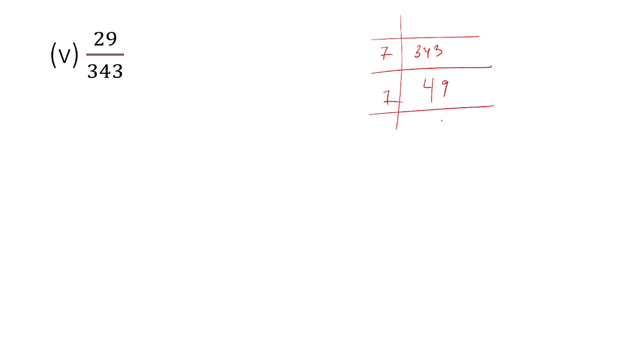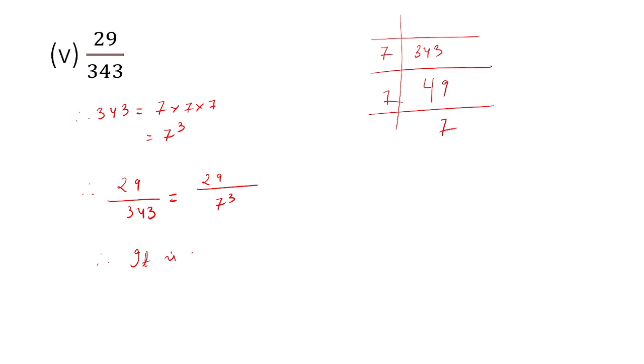So 7 times 7. Therefore 343 is nothing but 7 into 7 into 7, which is the same thing as 7 to the power 3, okay? Therefore 29 by 343 can be written as 29 by 7 to the power 3. Therefore the number does not terminate, okay?